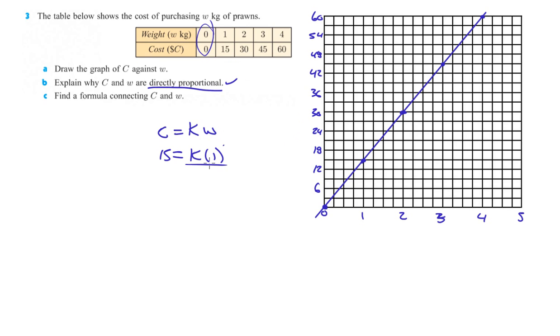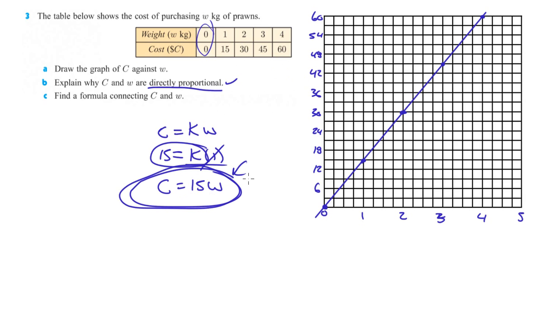So that 1 is gone, which means our K is 15. So our formula would be C equals 15W. Because if you plug 2 into that, 15 times 2 is 30. 15 times 3 is 45. 15 times 4 is 60. So there's our formula that connects C and W.